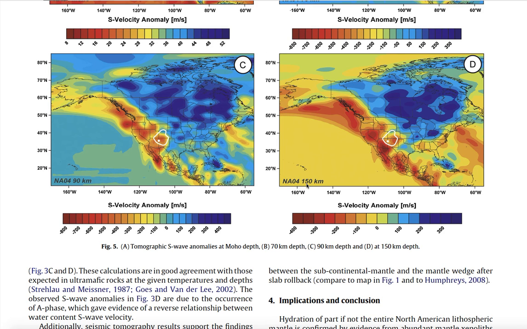Going down to a depth of 150 kilometers, we have yellowish, and the S-wave velocity anomaly is nearly gone, because there we are no longer at the top of our dipping mantle slab. We are at the bottom of our dipping mantle slab, and there it is cold.